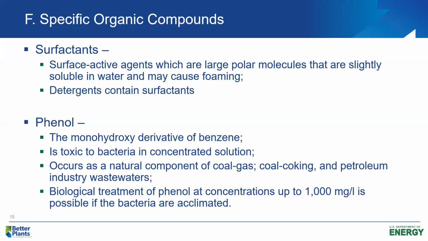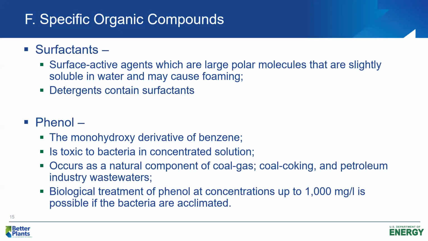Phenol is another compound we're interested in. If the bacteria haven't seen phenol and all of a sudden they see 50 milligrams per liter of it, it's probably going to be extremely toxic and may very well kill the bacteria in the treatment plant.